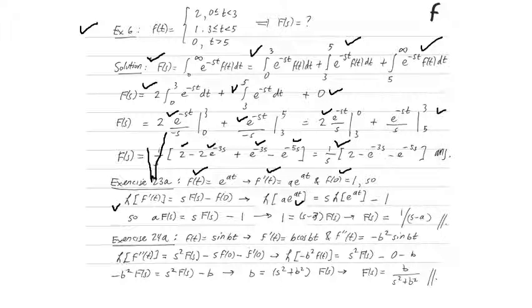So here I plugged in the derivative, and I plugged in my function. On the left hand side I can pull out the a, and then I just have the Laplace transform of my function. The right hand side I have s times the Laplace transform of my function. And then I just solve that for big F. 1 is s minus a times big F, so big F is 1 over s minus a.